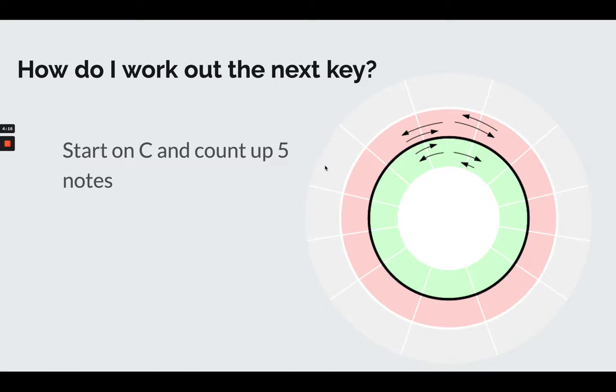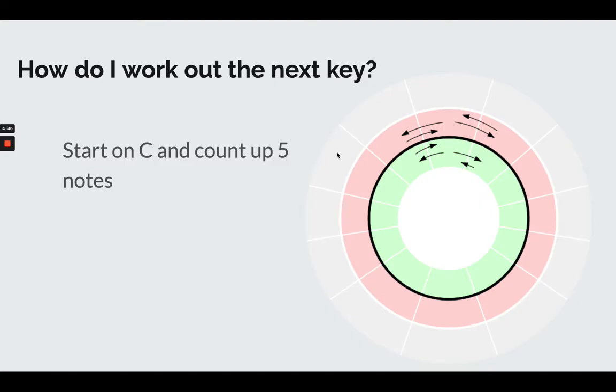Okay, but we know in the key of F major, we have a B flat. So if we were to go F to B, as was shown in our counting, that wouldn't be a perfect fifth. That would sound quite strange. So this is going to be a B flat.